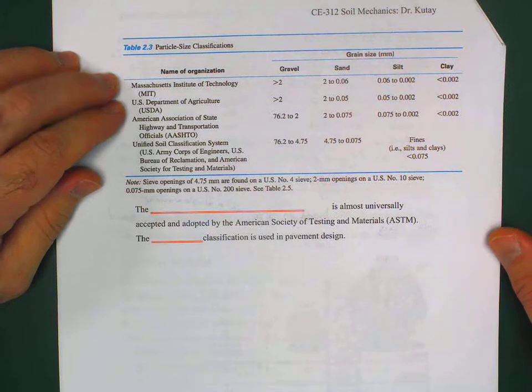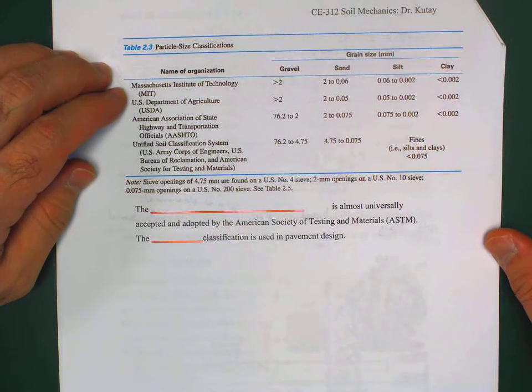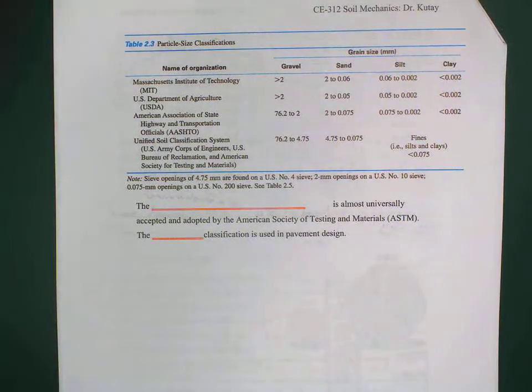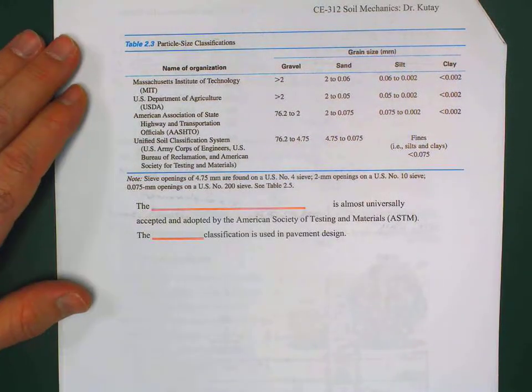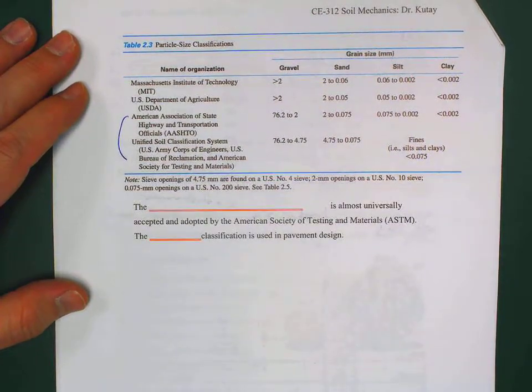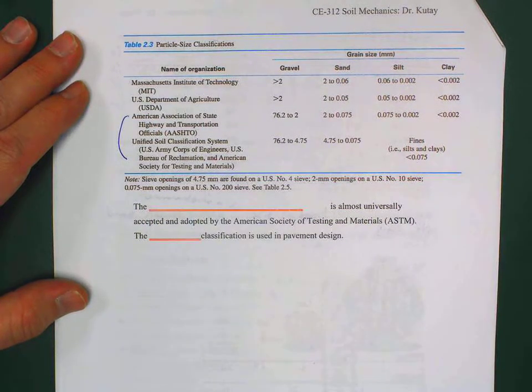There are two methods, one is the MIT method, the other is the USDA method. These are not very commonly used. The most common are AASHTO, American Association of State Highway and Transportation Officials, and the Unified Soil Classification System.